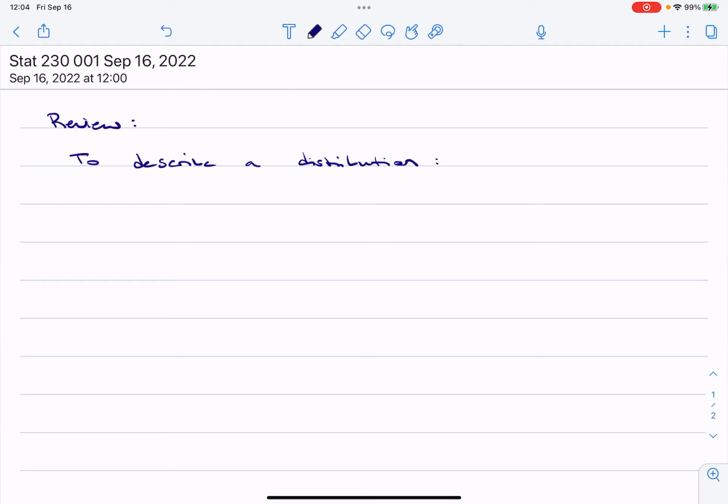We need to talk about the shape, the center, and the spread. And so we looked at that. The shape, helps if I put an A in there. So the shape is either normal or non-normal.